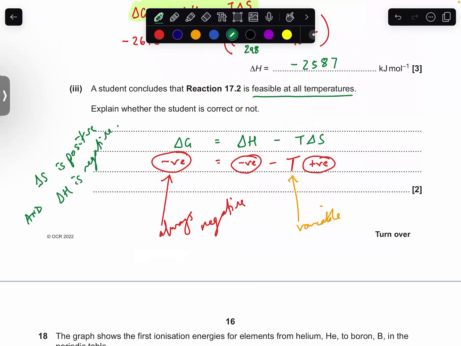And second mark is delta G is always negative at all temperatures. Putting that into words, you'll get your 2 marks.